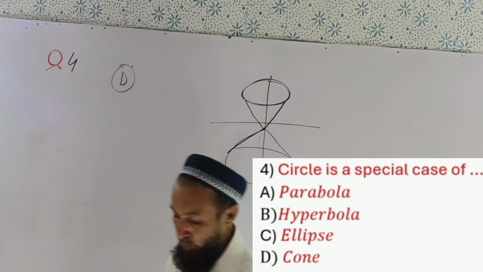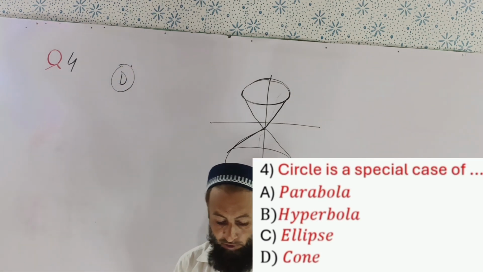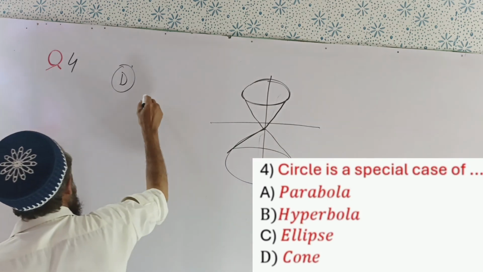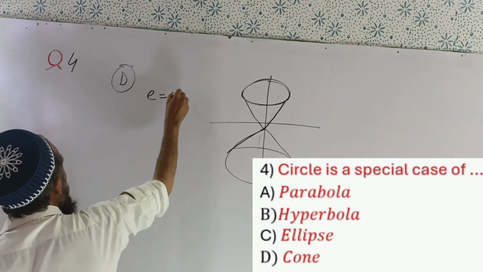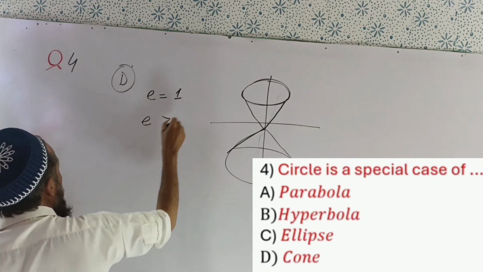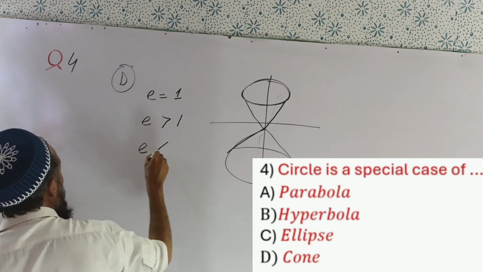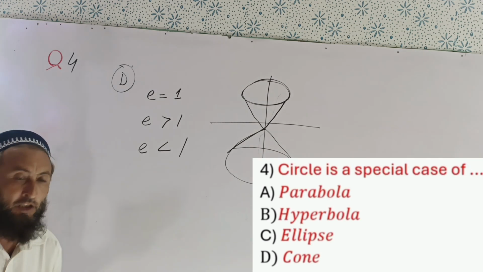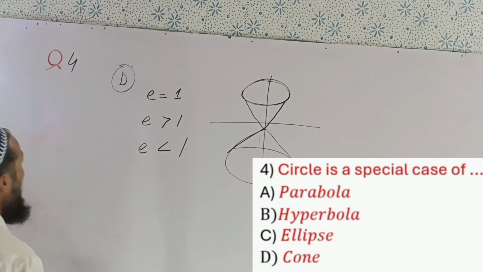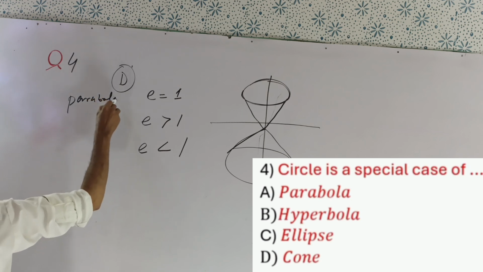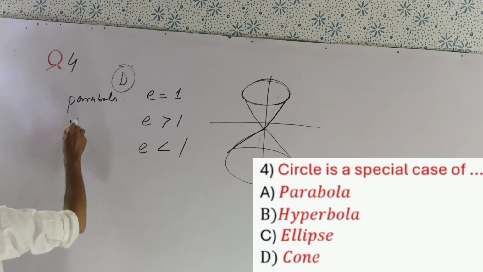And question number 4: circle is a special case of cone, not parabola, not hyperbola, not ellipse, because for a parabola, E is equal to 1, for a hyperbola E is greater than 1, and for an ellipse E is less than 1. E is called eccentricity, the ratio we are finding.